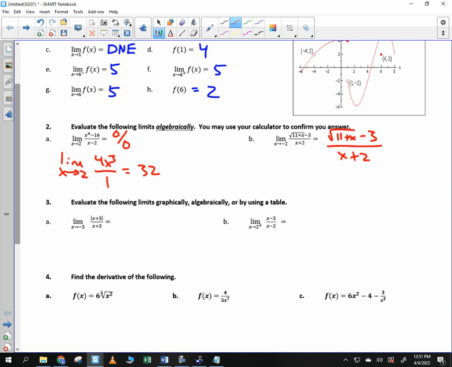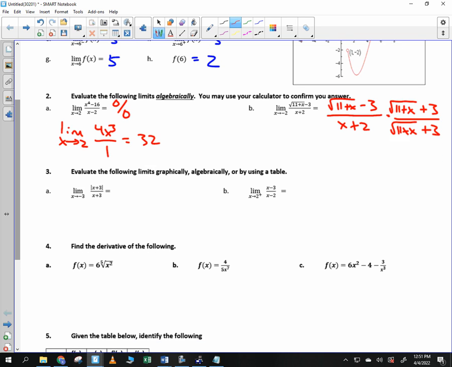Multiply by the conjugate. Root of 11 plus x plus 3 over root of 11 plus x plus 3. And as we multiply these, root of 11 plus x times root of 11 plus x, you get 11 plus x. And then -3 times +3, -9.